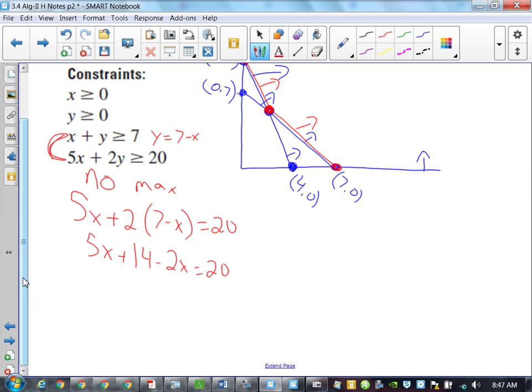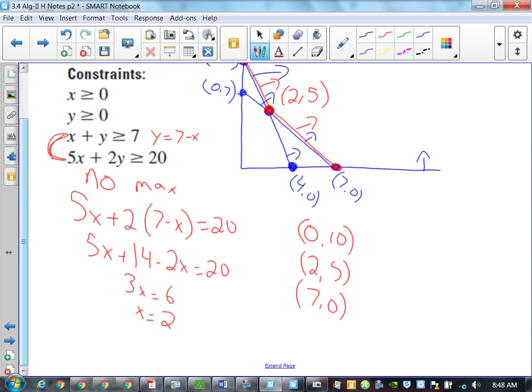Subtract 14, combine the two, we get 3x is 6, x is 2. So this ordered pair will be 2, comma, well, 2 plus what is 7? So your ordered pairs to check: 0, 10, 2, 5, and 7, 0.